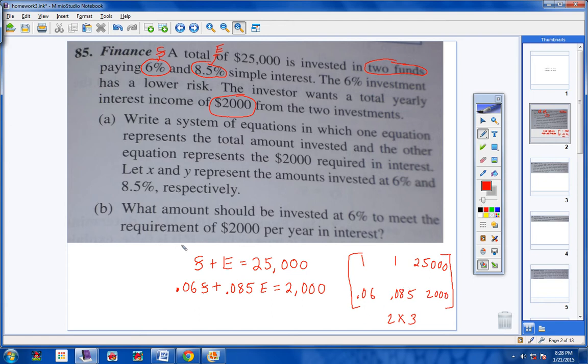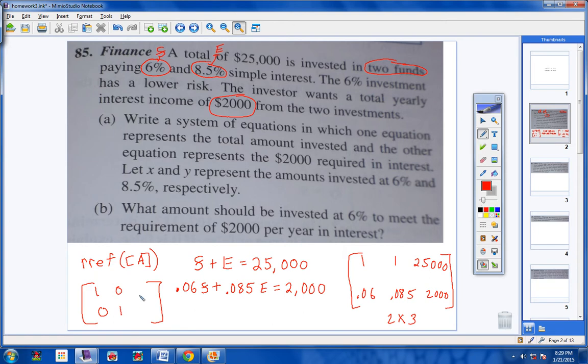So after you've entered that into your calculator, then come out of your matrix, then go back into the math segment, enter RREF, and then wherever you put this matrix in, A, B, C, D, or whatever, go ahead and hit that matrix. So you'll have this right here, matrix A, or whatever matrix it was, and then hit enter. And if you do that correctly, you'll get out this matrix right here, 1, 0, 0, 1.